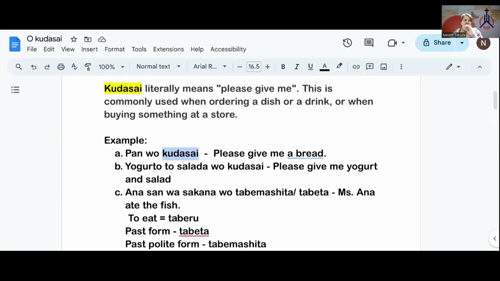For example, I go to the market and I say, oh, I want fish, or sakana. Sakana kudasai. So I'm saying, I want a fish. Can you give me a fish? And then the clerk, the other person, asks, ikutsu desu ka? Okay, how many?